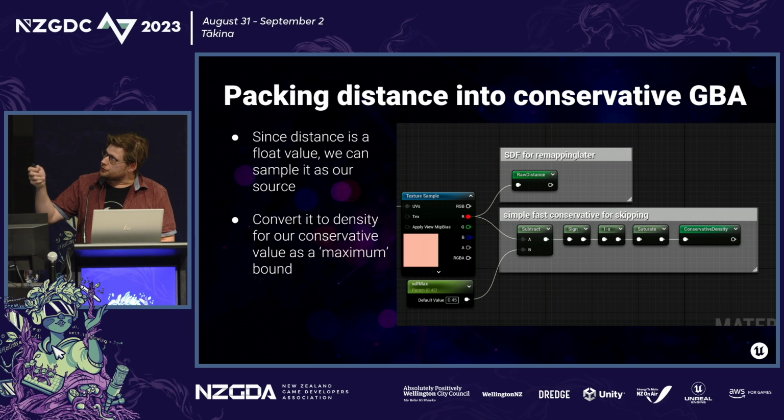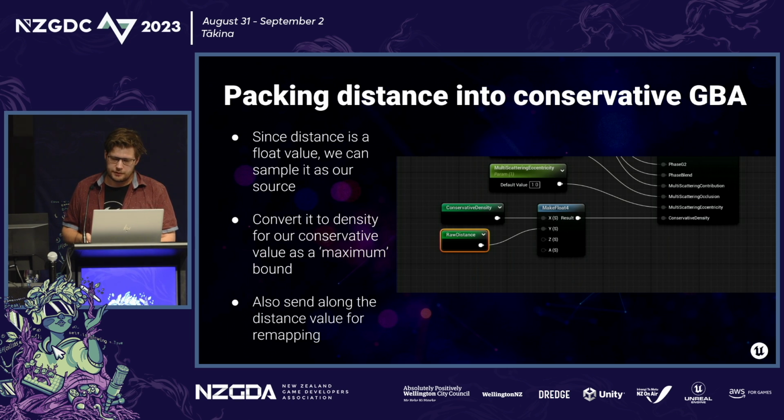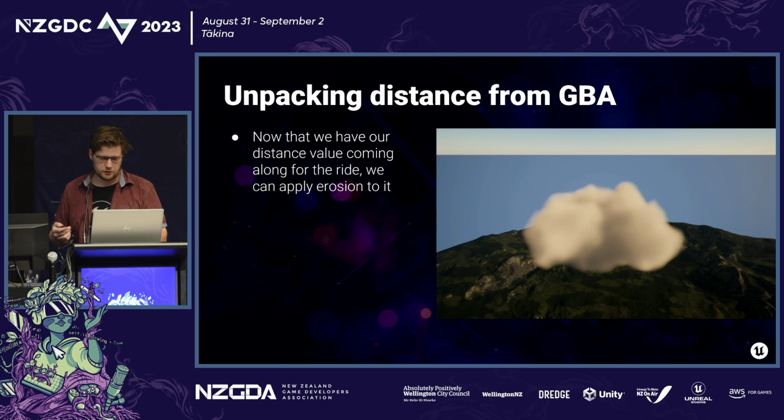And then we have our raw distance value up there. So we get our raw distance value, plug it into the second channel of the conservative density, and that's going to be available for us on the other side. So we have a conservative density, which is that cheap, very rough value that controls where the clouds are, and the distance value, which we can use to reconstruct.